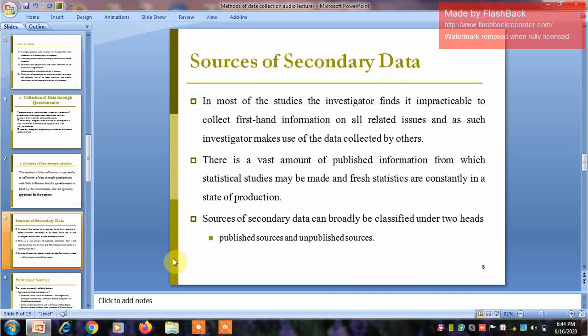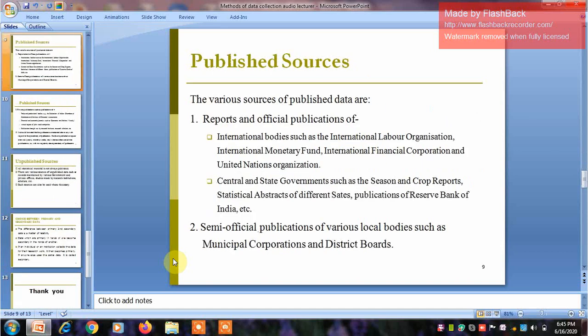And next, coming to the second classification of data, that is secondary data. Secondary data are those data which are already collected by someone else from available resources, from a published source or an unpublished source. In the published sources, the first type we have is reports and official publications.